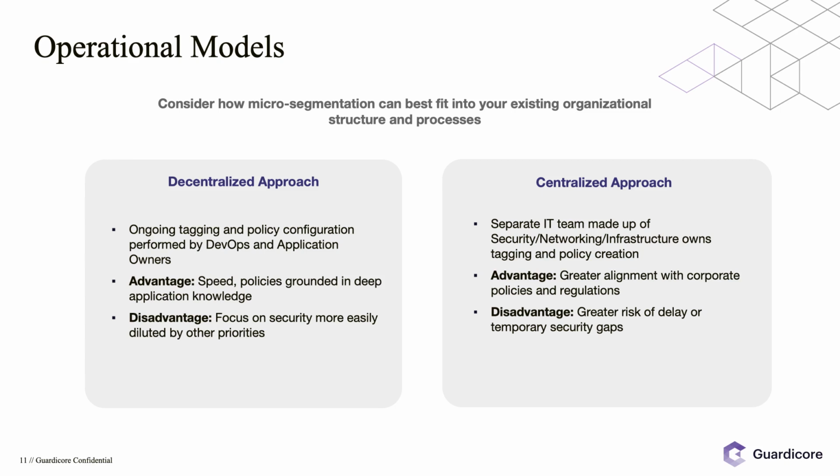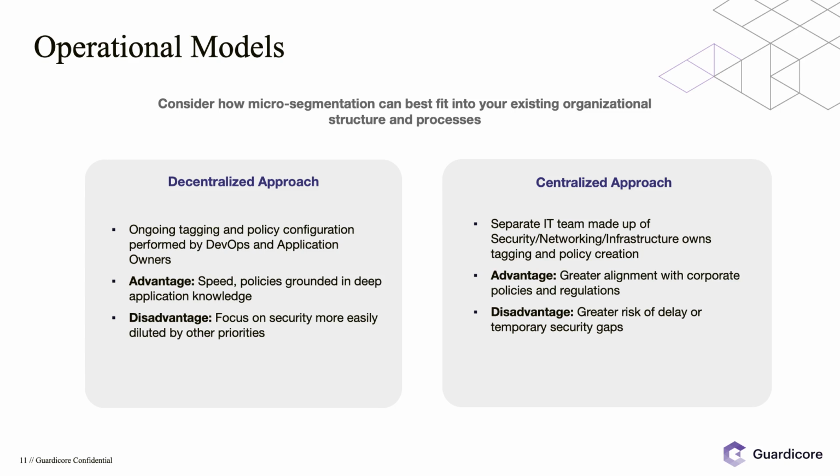In the decentralized model, the security or network team typically owns the microsegmentation solution, but becomes more of a governance body. The governance group will oftentimes establish a guideline for policy requirements and will put a baseline of policies in place. Then the responsibility for scoping applications, identifying dependencies, and defining policy is shifted to the application owners and DevOps teams.